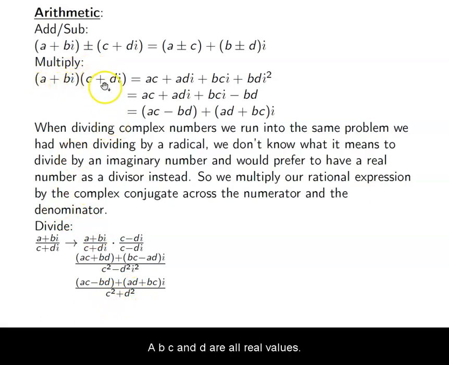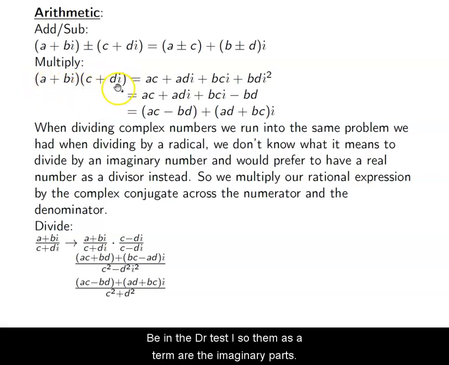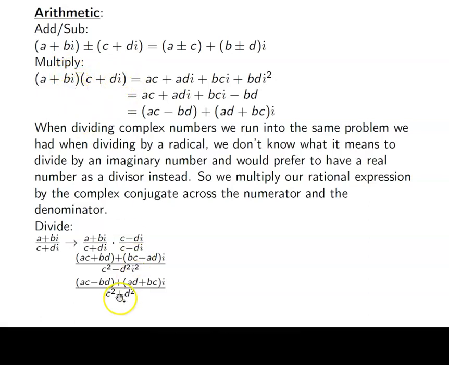A, B, C, and D are all real values. The B and the D are attached to I, so them as a term are the imaginary parts. So C squared plus D squared is a real number. It's not complex, it's not imaginary. So now I have this thing here divided by a real value. So I can separate this into two separate parts if I need to.